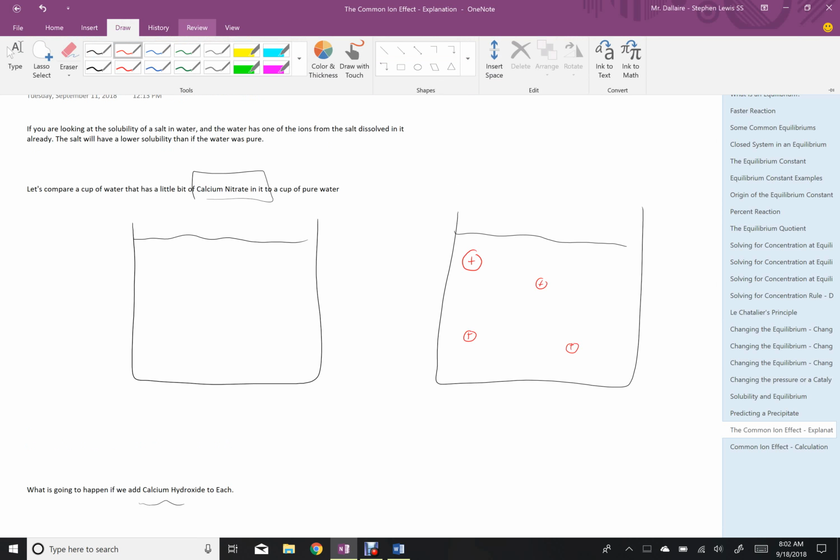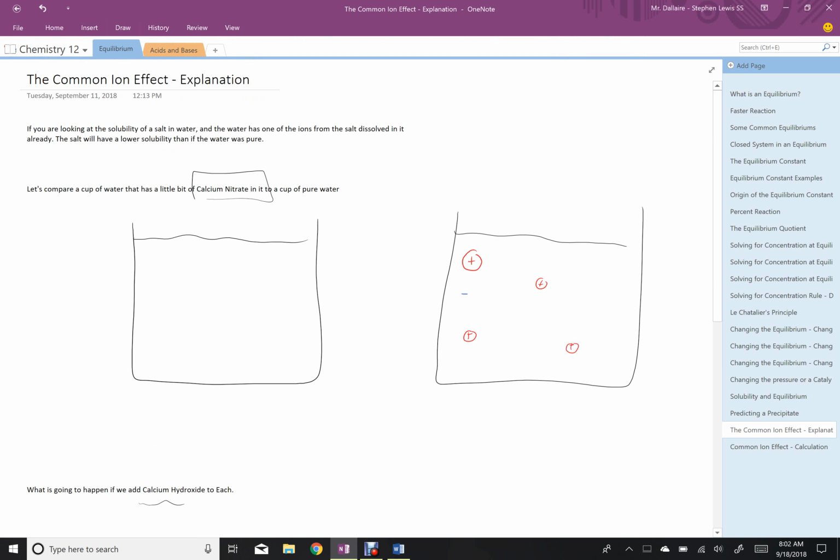And there's also some negative nitrate ions. The negative nitrate ions in this case aren't going to matter all that much because the nitrate itself as an ion is very soluble, so it's not really going to participate in the crystallization process or in the salt coming out of solution, but we should still acknowledge that they're there.